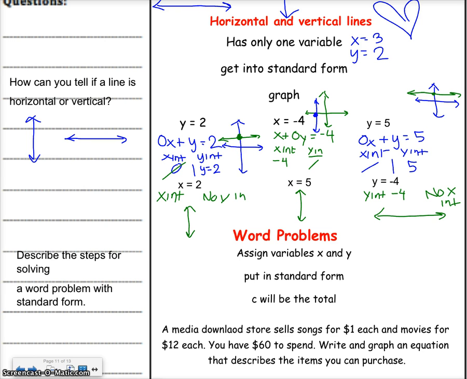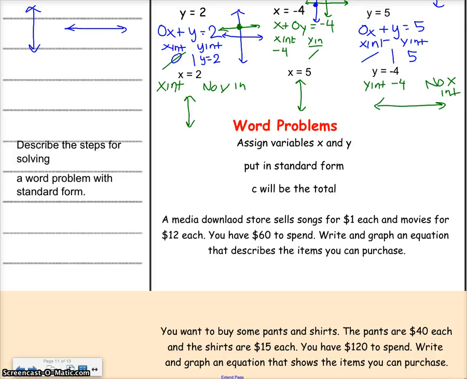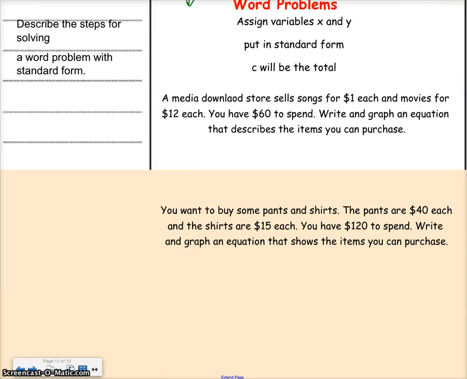And word problems. Are you excited for word problems? Our last learning target, I better hurry up. Here's what we do. We assign a variable to the x and y. You put it in standard form, and C is always the total. So here's an example. A media download store sells songs for $1 each and movies for $12.